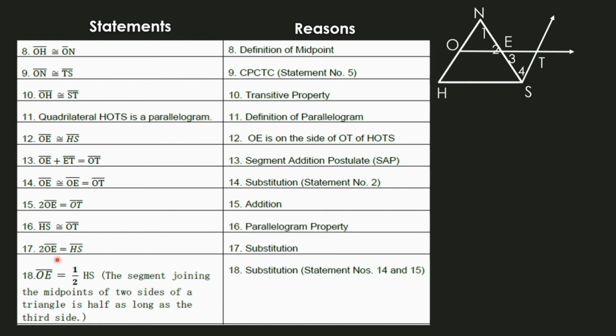Here, in statement number 17, if we divide both sides by 2, para ma-isolate yung OE sa left side, so, ito, na-isolate na yung OE. And then, mayroon dito sa right side, 1/2. Kasi yung HS ay dinivide natin sa 2 para ma-isolate yung OE. Kaya siya naging OE is equal to 1/2 HS.